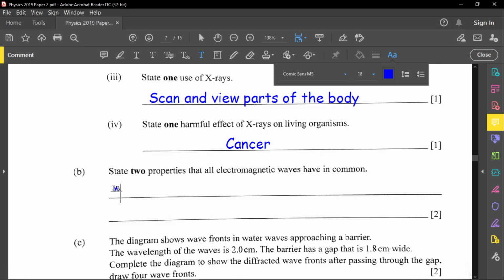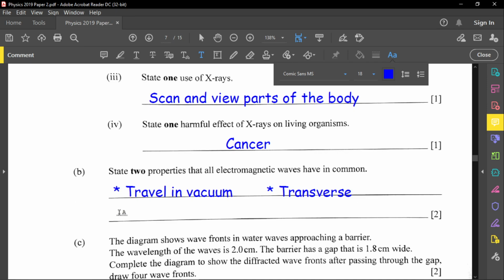And so one that they do, they can travel in a vacuum. Okay. All right. And the next one which is common to all of them: they are transverse waves, so they are transverse in terms of property. Okay, that's another one.